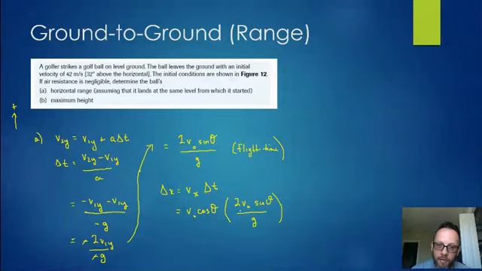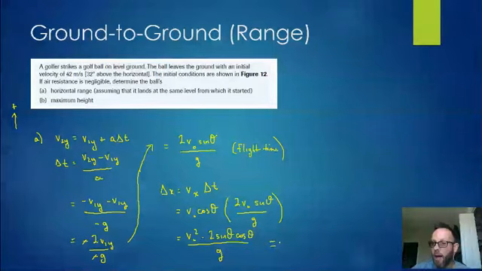If we put that together, we get v naught squared times 2 sine theta cos theta divided by g. And this totally works, but there is an easier way to write this.